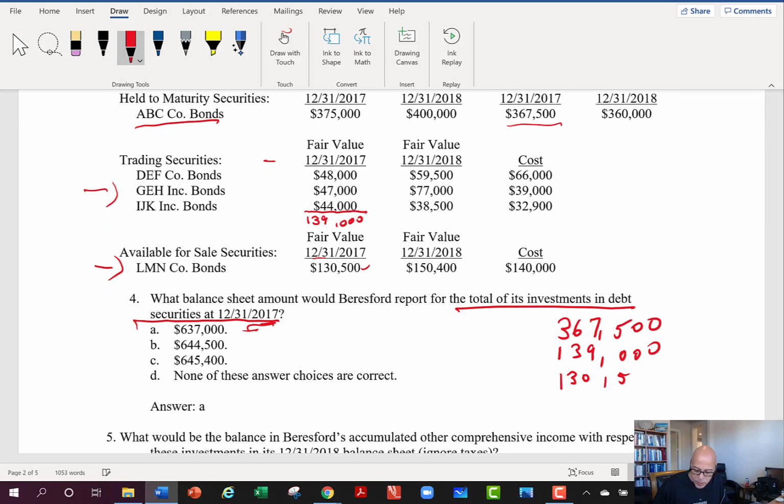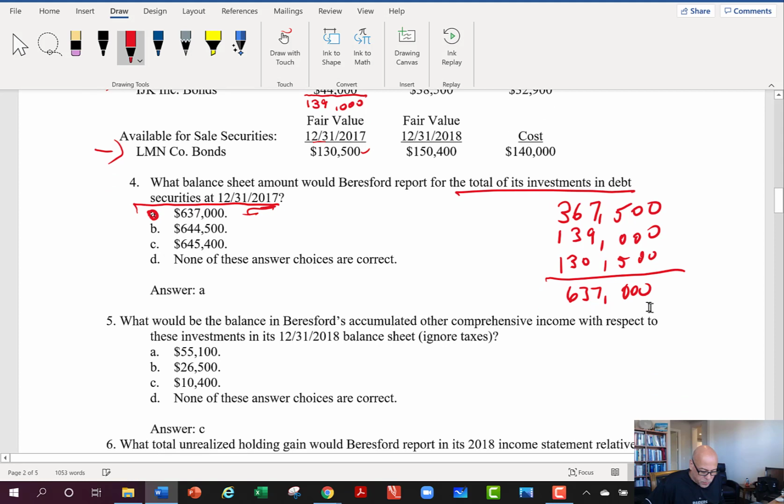Okay, but let's go ahead and total these three numbers: 367, 139, 130,500. And when I do, I get 637,000, which is choice A. All right, good. That's kind of a fun problem, right?